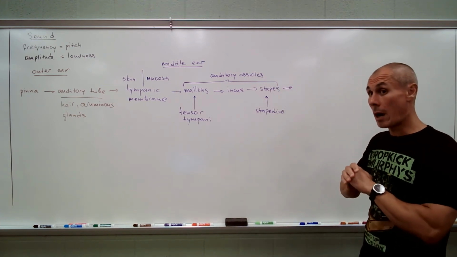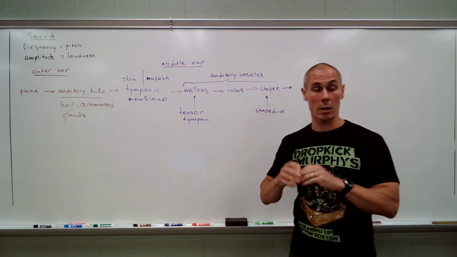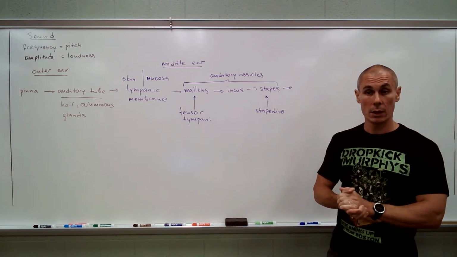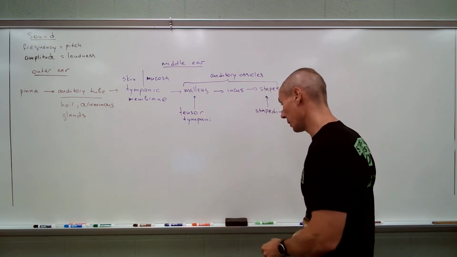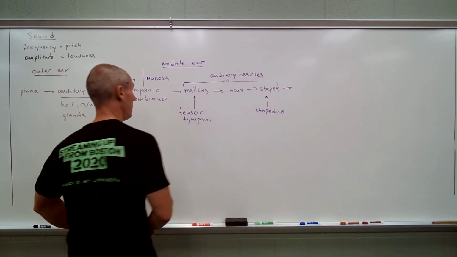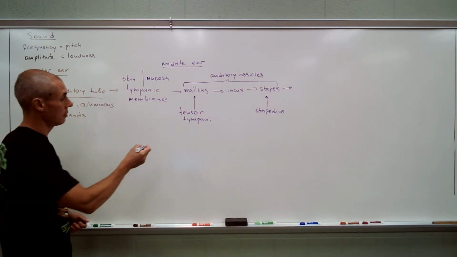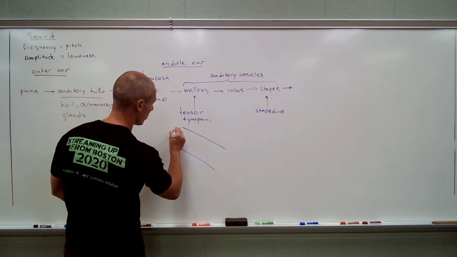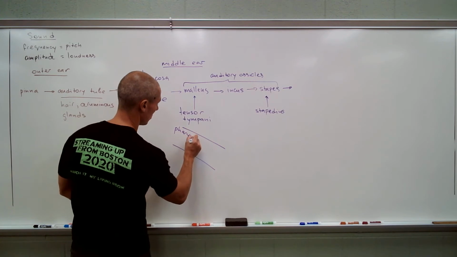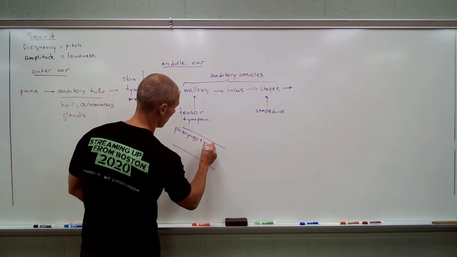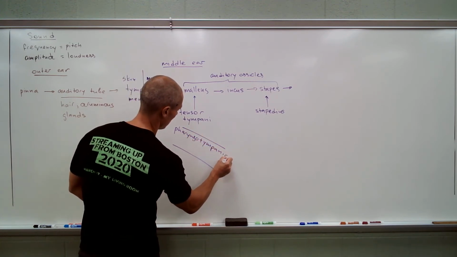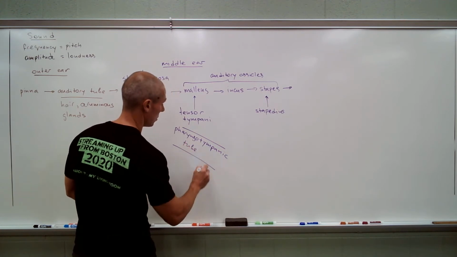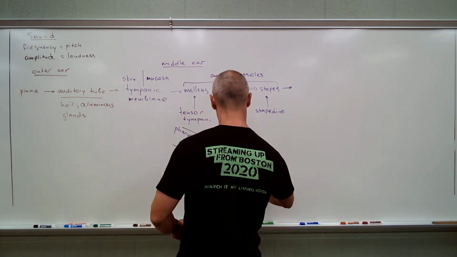Now, another problem that's associated with the middle ear is middle ear infection. Why? How does it work? Turns out that your middle ear is connected via a so-called pharyngotympanic tube, or Eustachian tube, to the pharynx.